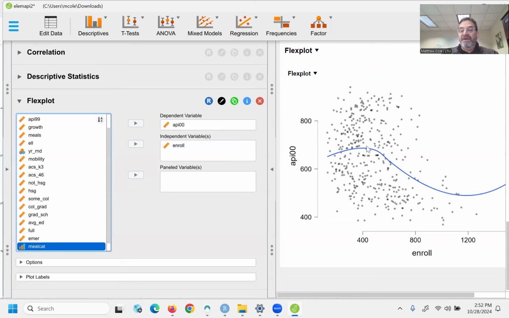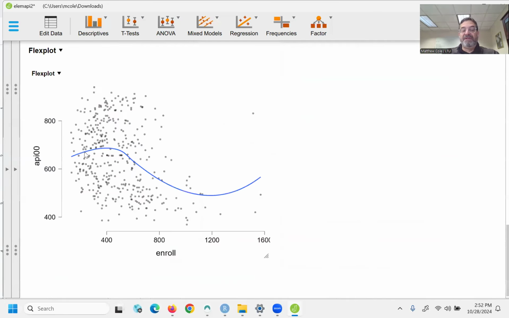And there we see what R is doing within JASP: it's fitting the best fit line, whether it be flat or curvilinear, and it's suggesting that this is a better fit than the straight line.